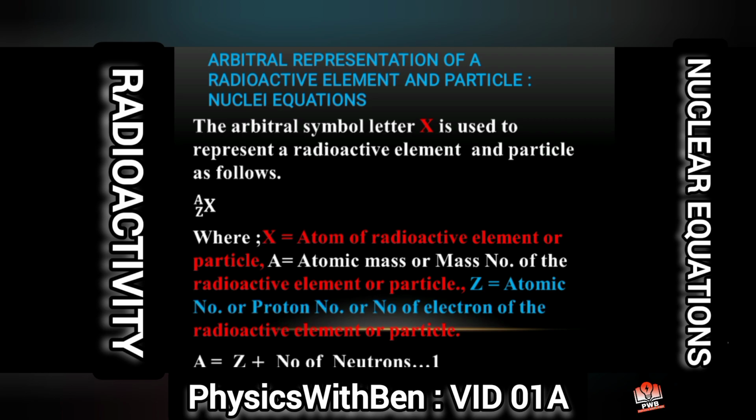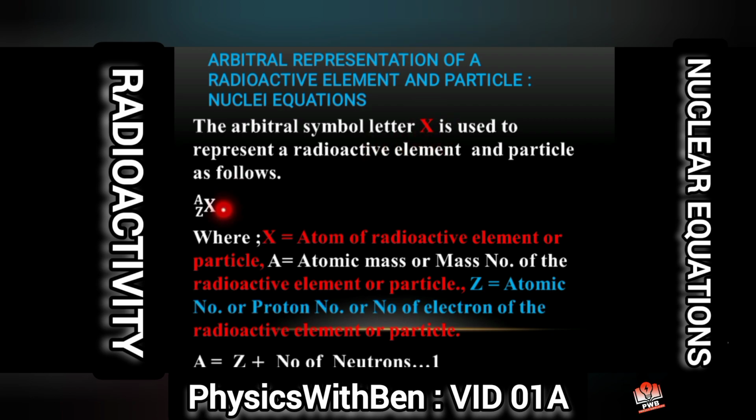What we mean by arbitrary here is that you can choose a different symbol, maybe Y or U or T to represent this particle. As we proceed, we are going to know that the first two letters of the radioactive element or atom is used as this particular symbol. That is why I say arbitrary symbol letter X.